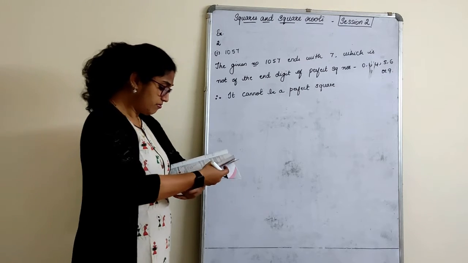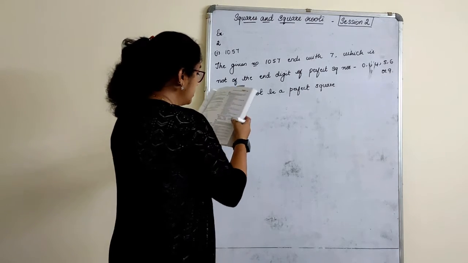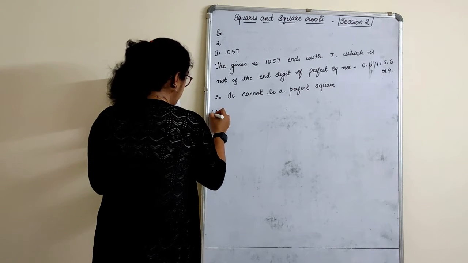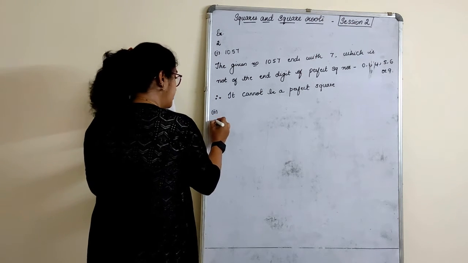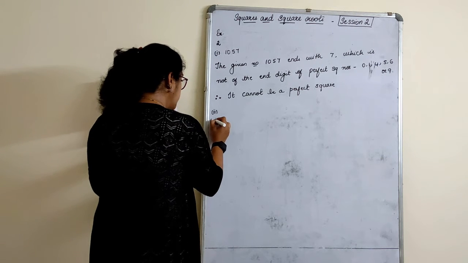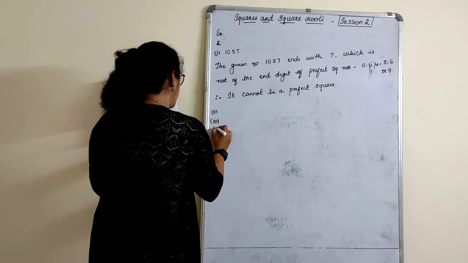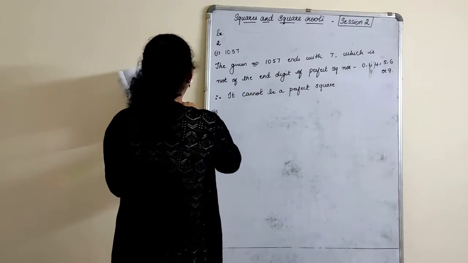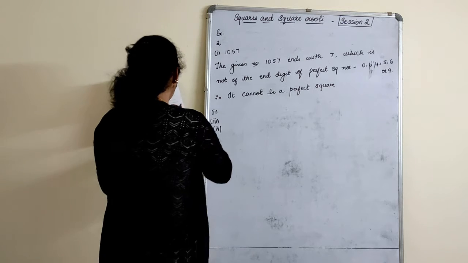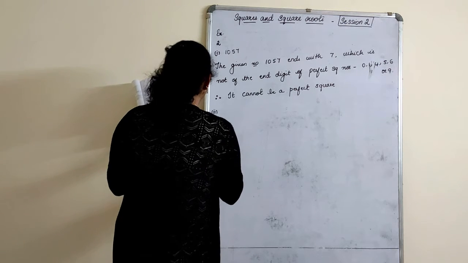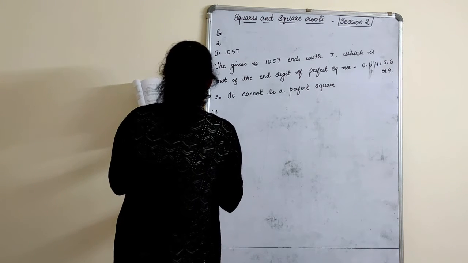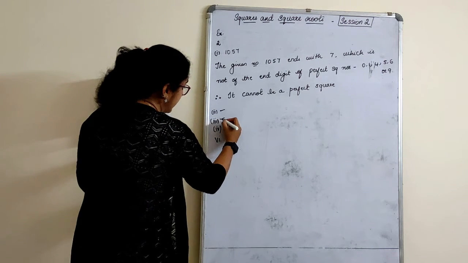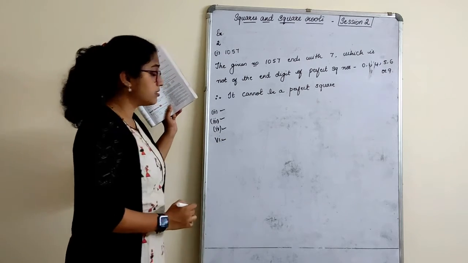Right, children? Now you can write similar statements for the second one, which is homework, the third one, which is homework, and the fourth one. Same: the given number ends with 3, ends with 8, ends with 2. The zeros I will do here. So the second, third, fourth and sixth are for homework.